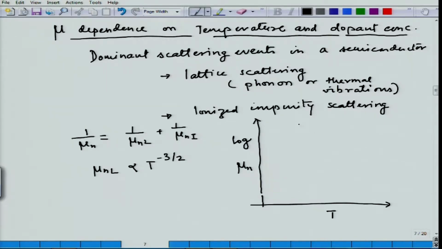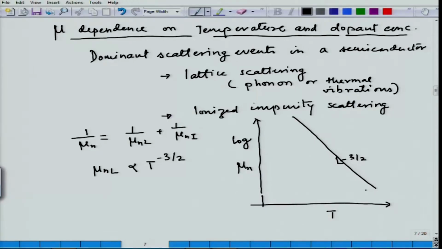So, if I plot it on this curve, it would be something like this, where the slope is 3/2. This is understandable, because at higher temperature the lattice atoms are vibrating at a higher frequency, which means they can scatter an electron moving due to the electric field much more, and hence the mobility of the electron will reduce, because it has to face many scattering events.